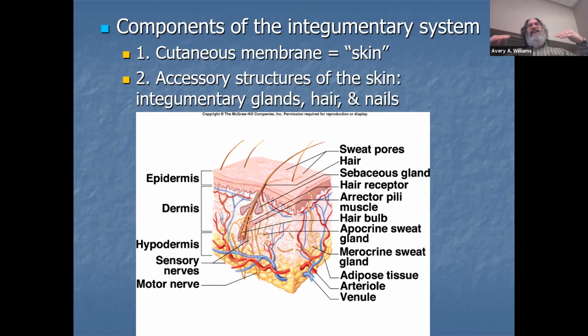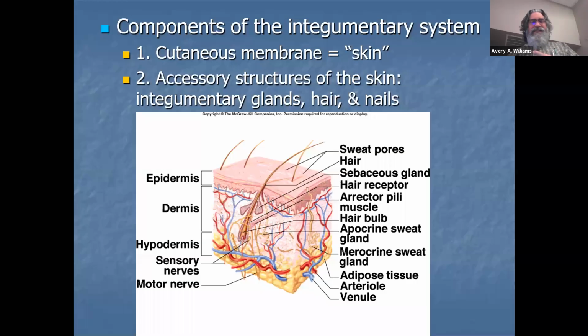Everything else that's not really a part of the skin per se would be accessory structures of the skin. Like what? Well, all your glands, your integumentary glands, your cutaneous glands. Your hair is considered an accessory structure of the skin. And your nails. So your nails, your hair, and your glands are accessory structures of the skin, or part of the integumentary system. And we'll talk about all these.